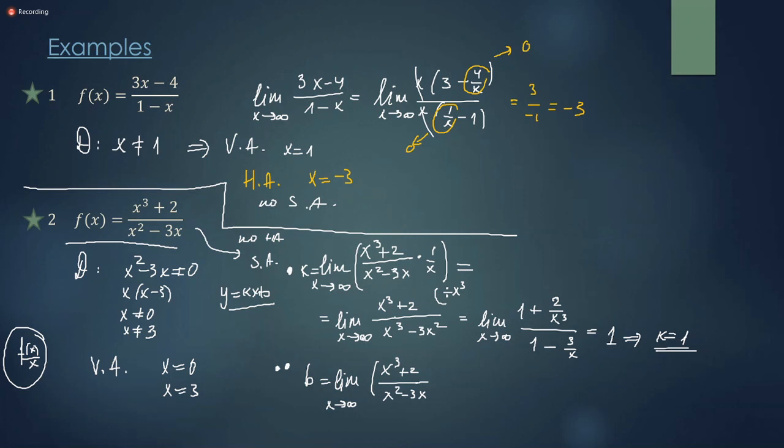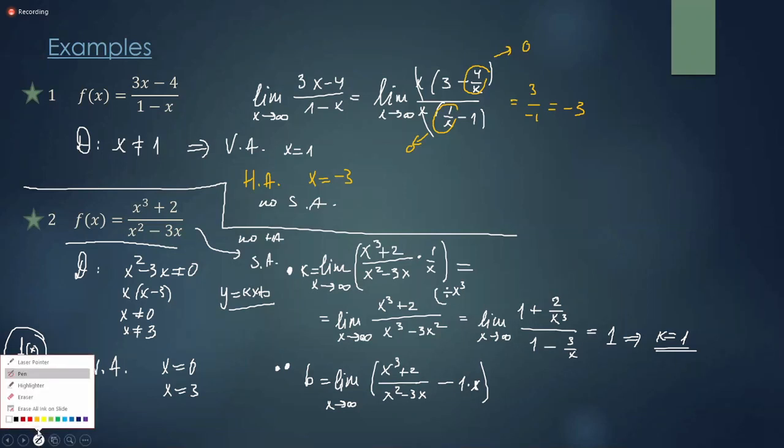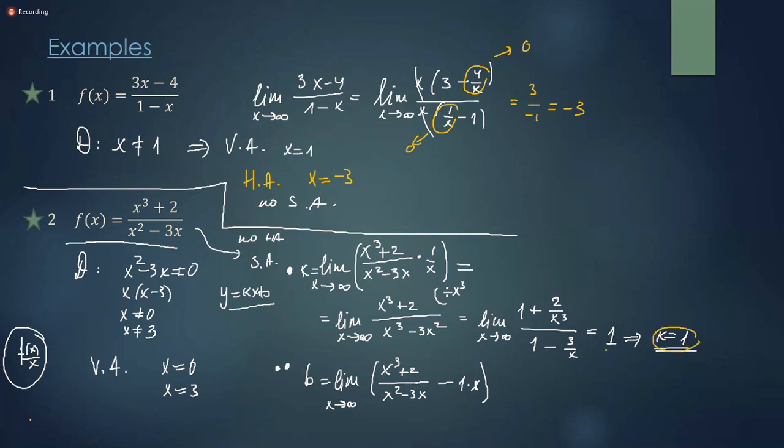Not this, but the given function minus kx. k is 1, so minus 1x, because k is 1, we just found it. I will actually mark it with some color. So because we just found k is 1, this means I have to write k is 1 here in front of x.